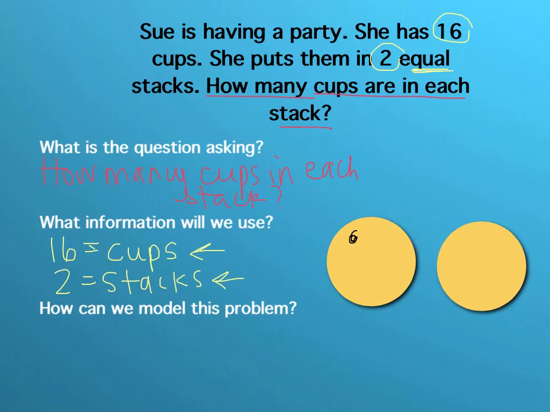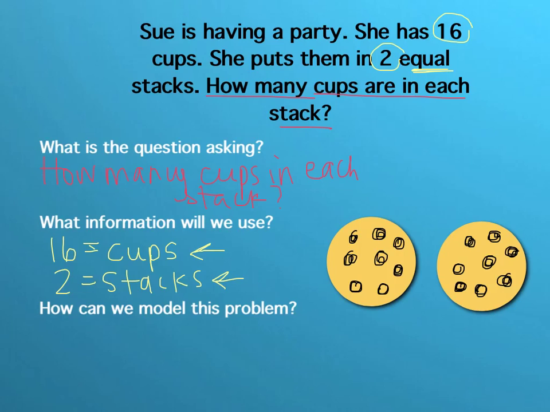So I'm going to put 1 here, 1 here, 2, 3, 4, 5, 6, 7, 8, 9, 10, 11, 12, 13, 14. Am I done? Nope. 15, 16.